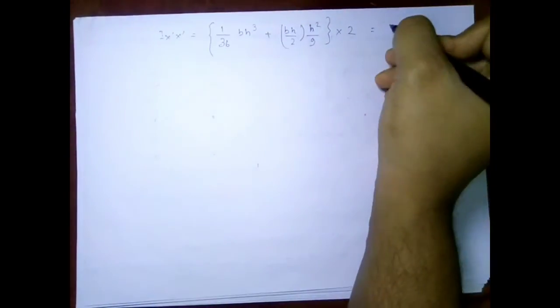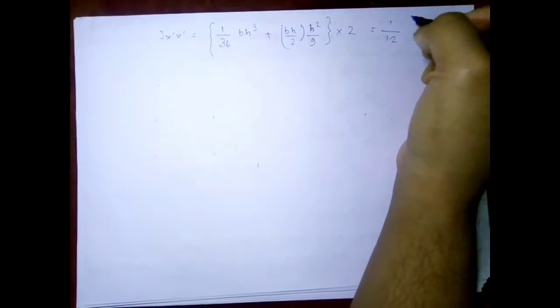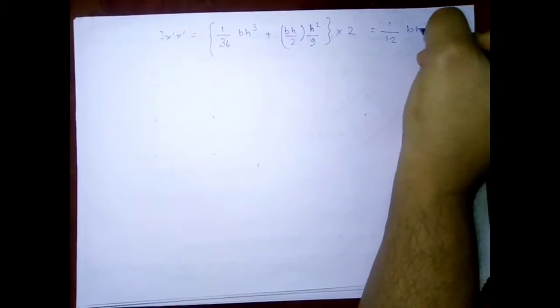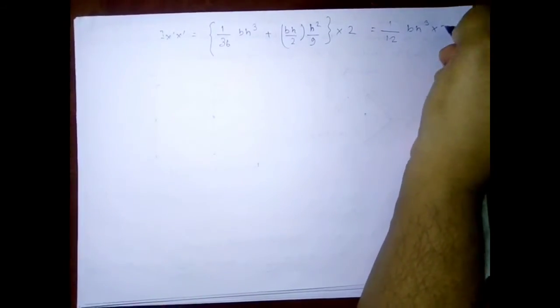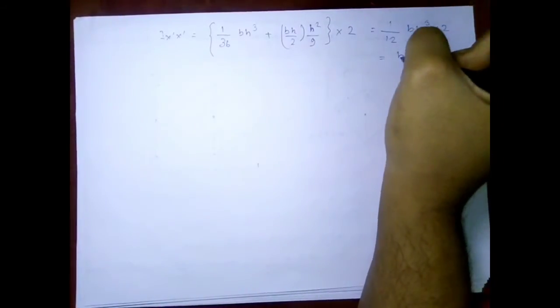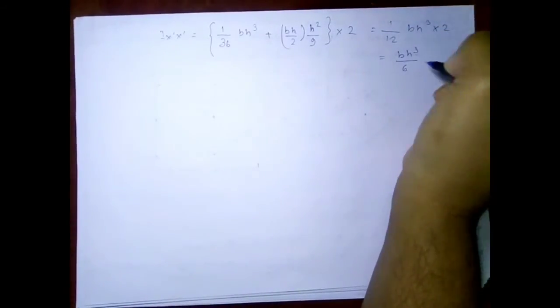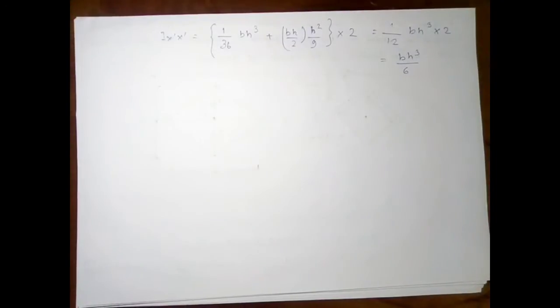So that is equal to 1 by 12 b h cube times 2, and this is b h cube upon 6.